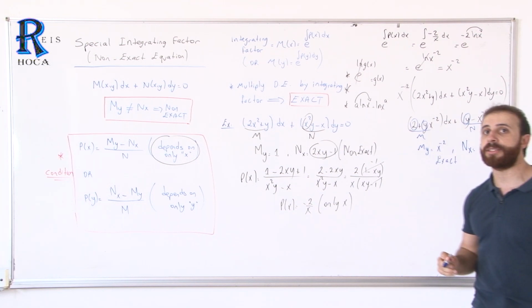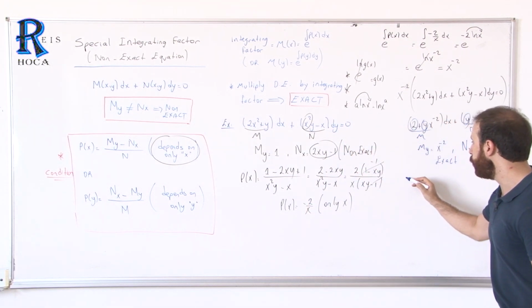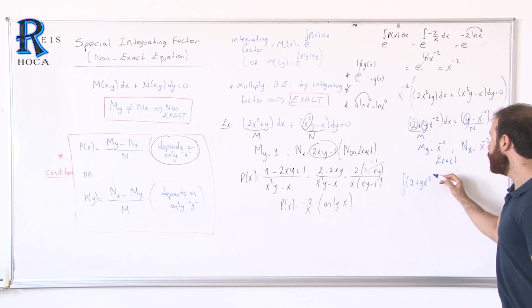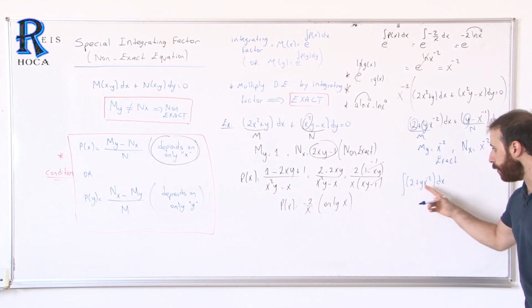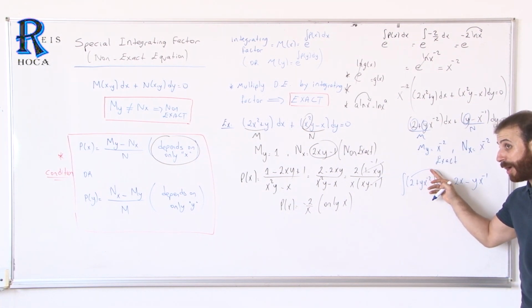What the technique says for an exact differential equation: take the integral of both sides separately. The integral of the first part: the integral of 2 is 2x. The integral of y times x to the power of minus 2 is y times x to the power of minus 1 over minus 1, so minus y x to the power of minus 1.